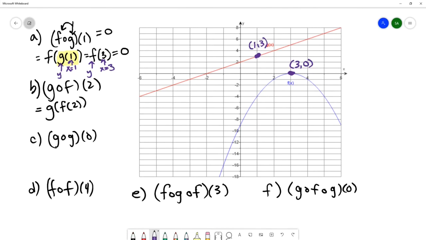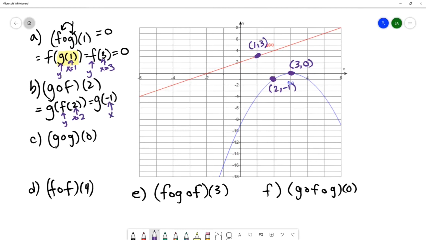And I know that x is equal to 2, and I'm looking for a y. So on the graph of f, this ordered pair right here would be 2, negative 1. So f of 2 is negative 1. I'll replace f of 2 with negative 1.